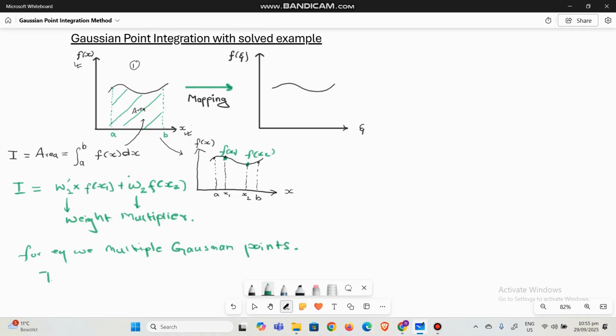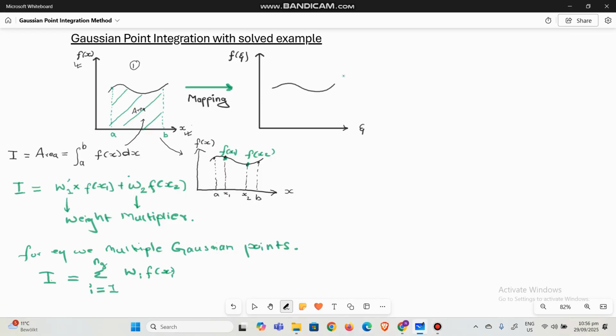So the formula would be integration equals the summation of i ranging from 1 to the number of Gaussian points that we have, with each corresponding weight factor w_i times f(x_i). So this is the formula.